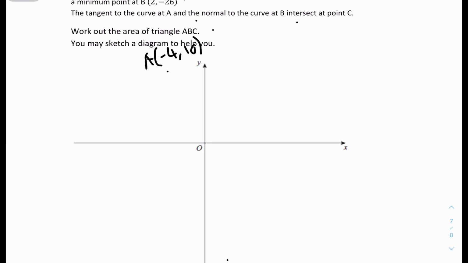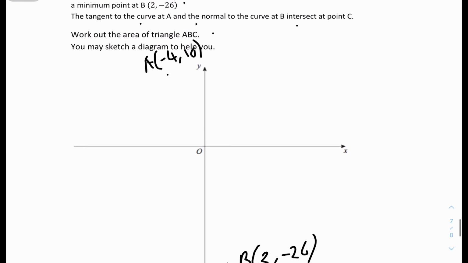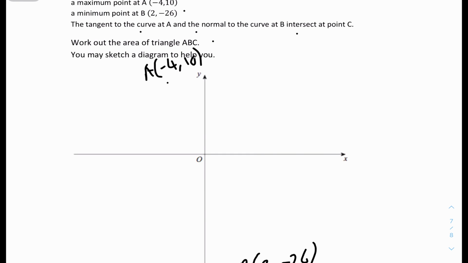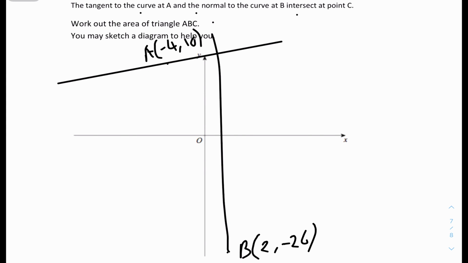It'll be, let's say here, B. And C is basically the intersection between the tangent at A and the normal at B. So the tangent is basically like this, which is at 90 degrees to the normal, and the normal is basically like this. And it's not to scale, obviously, because I just hand drew it, and it'll be like this and this.